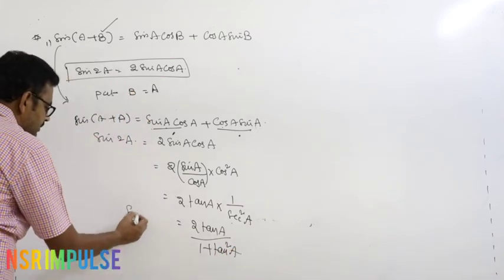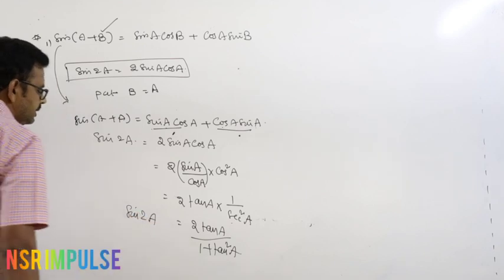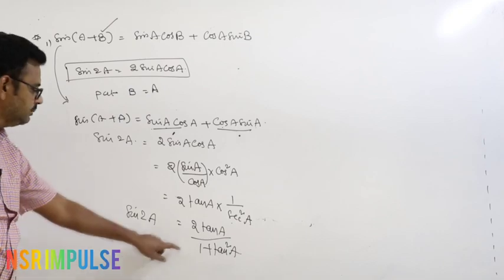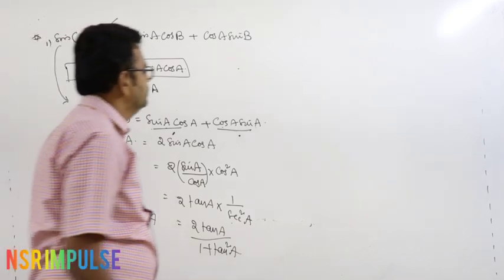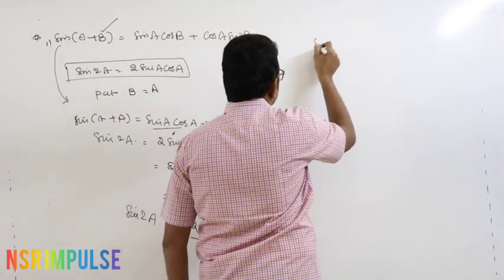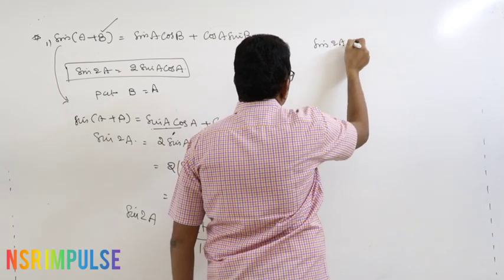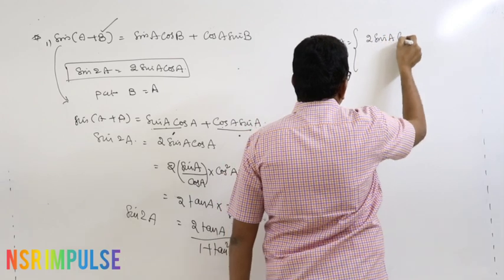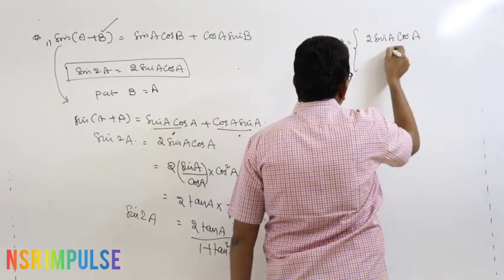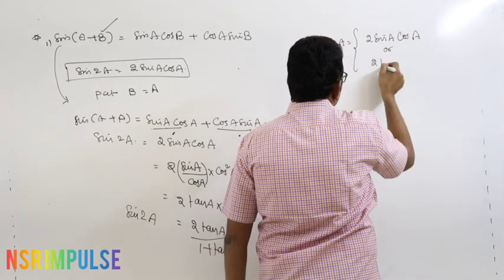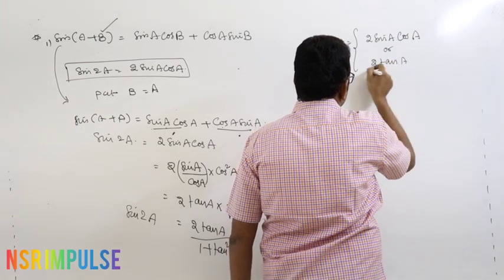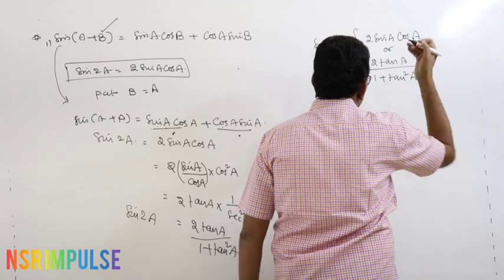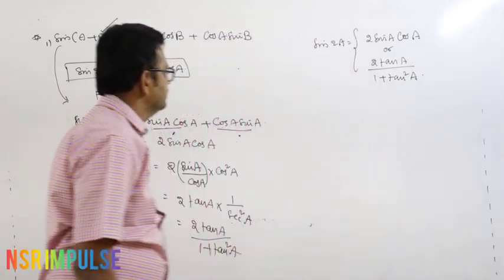Therefore, the sin 2a formula in terms of tan is 2 tan a by 1 plus tan square a. So sin 2a is equal to 2 sin a cos a, or in terms of tan, 2 tan a by 1 plus tan square a.